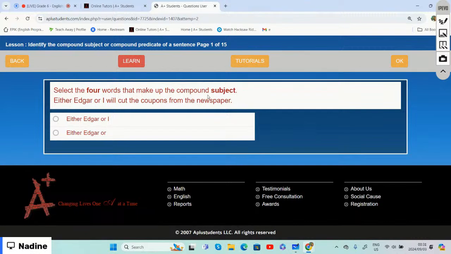All right, so now we're going to identify the compound subject or compound predicate of the sentence. I'd say select the four words that make up the compound subject. Either Edgar or I cut the coupons from the newspaper.